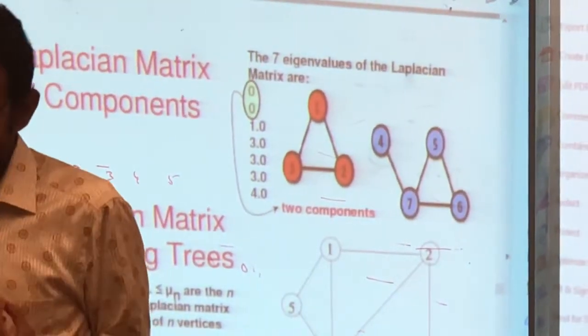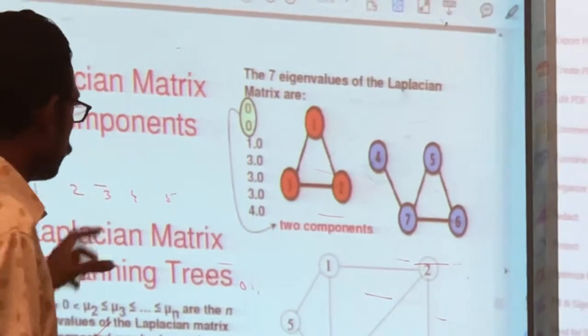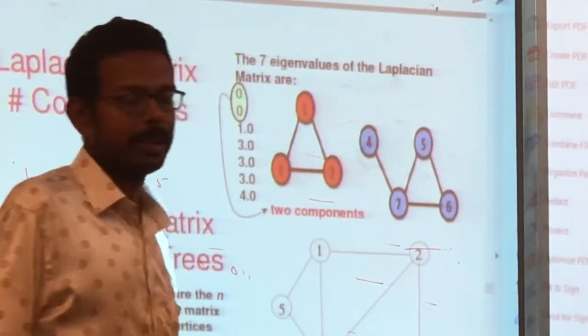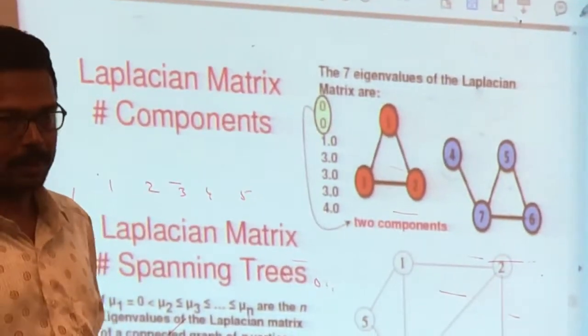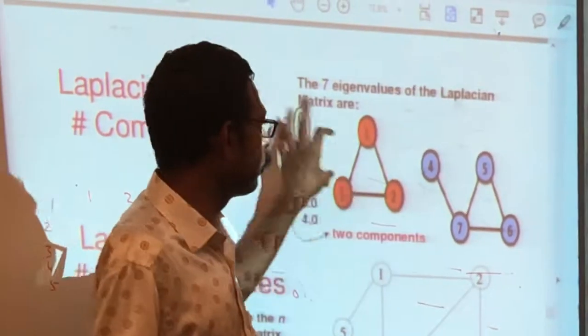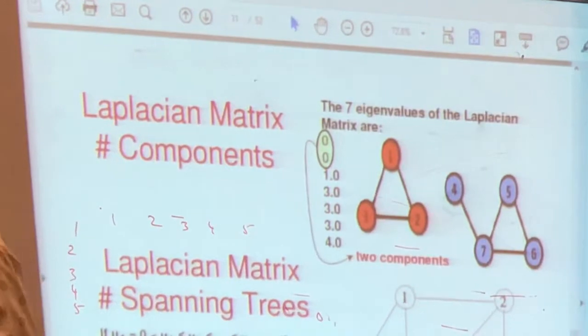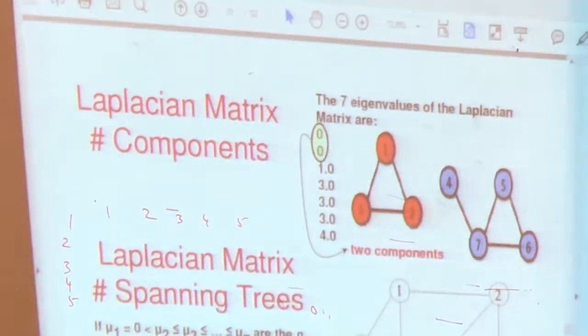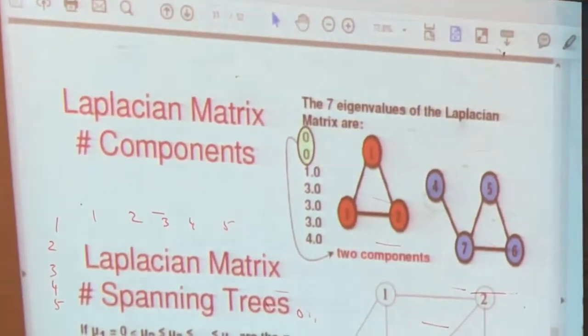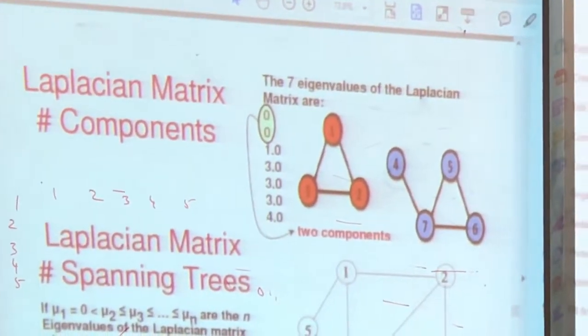So how many components are there? You will get that many zeros among the eigenvalues. This graph has 2 components, so it has 2 zeros. So by looking at the number of zeros among the eigenvalues, you can determine the number of components in this graph. Is that clear? Okay.